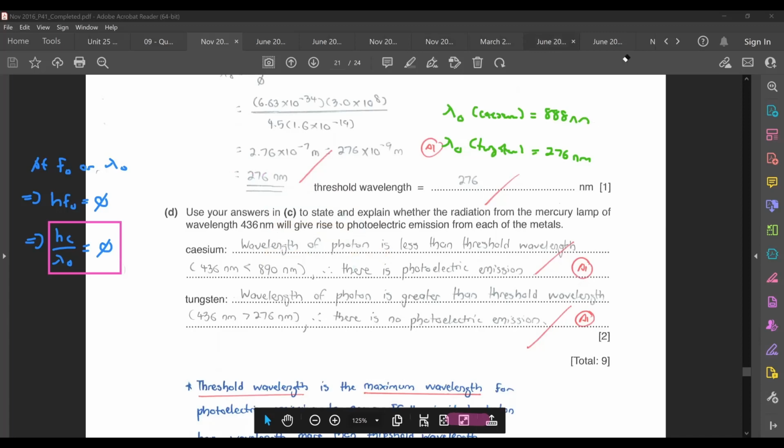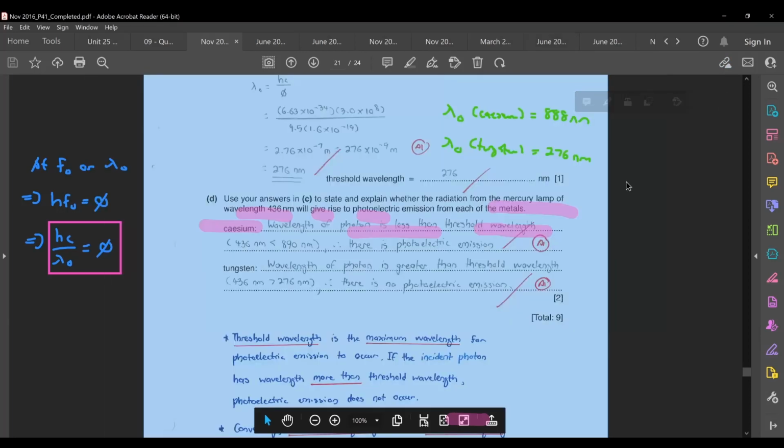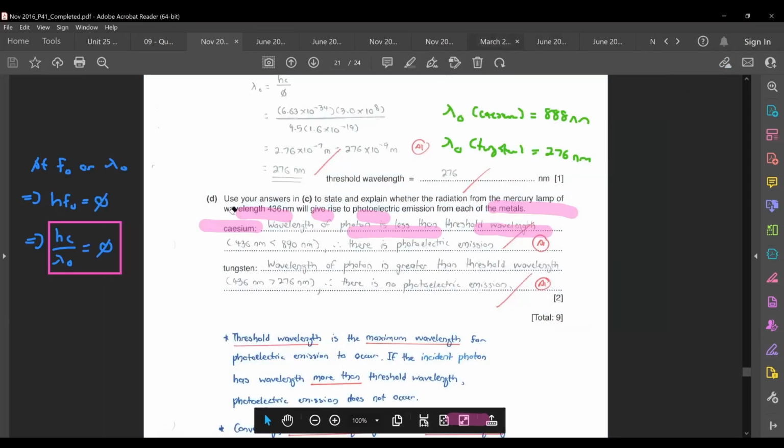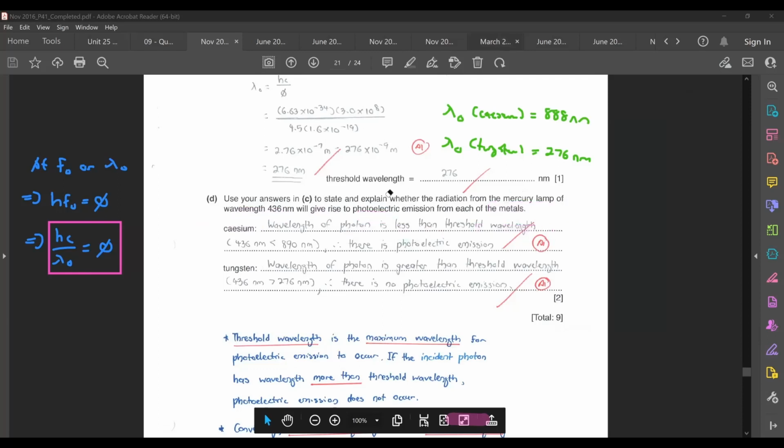Now move on to the next part. They are asking you to use the answers in part C that you just did to state and explain whether the radiation from the mercury lamp of wavelength 436 nanometer will give rise to photoelectric emission for each of these metals. If you imagine this, you had your mercury vapor lamp. Maybe I should just zoom out a little. You had two metals just now.